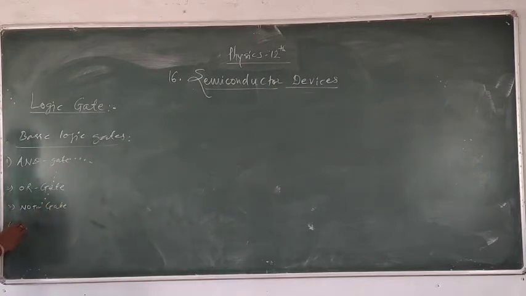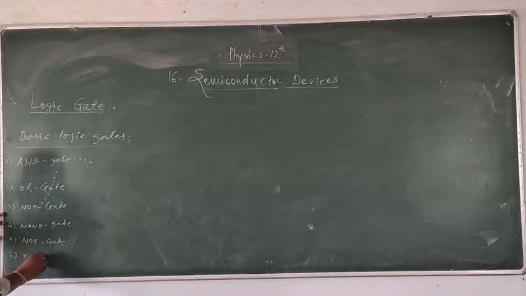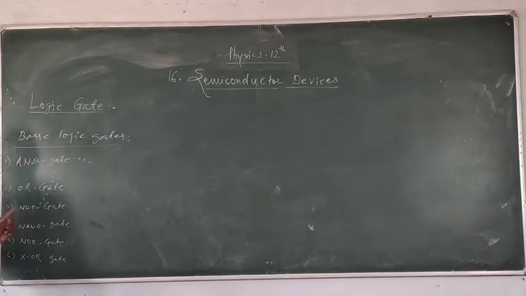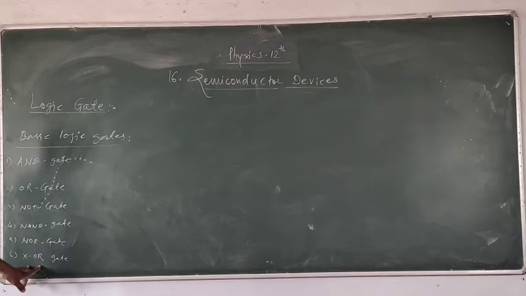Number fourth is the NAND gate. Then the NOR gate, and the sixth one is the exclusive OR gate, means XOR gate.